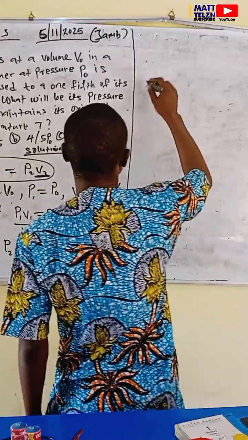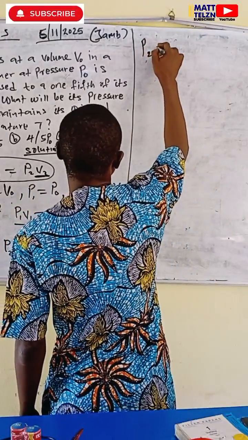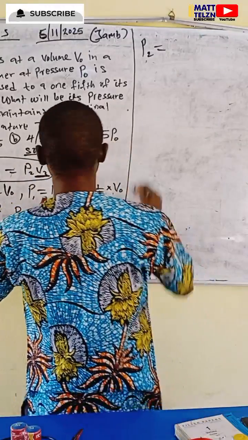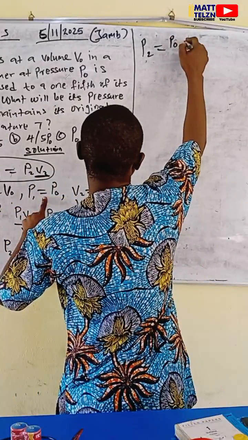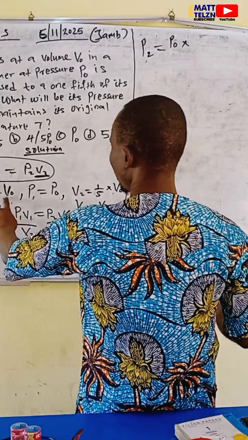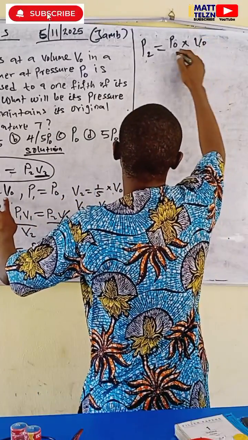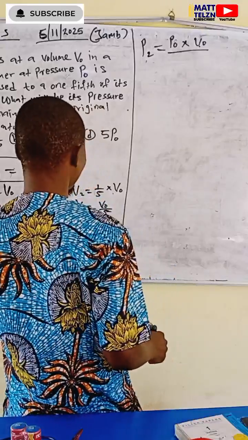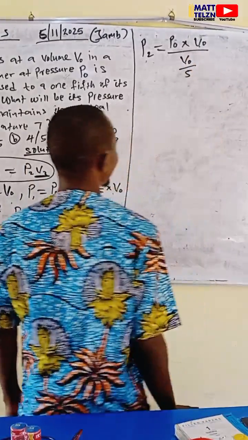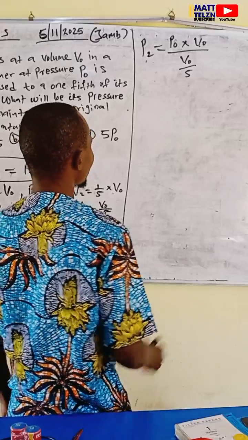Substituting, I'm going to have P2 equal to my P1, which is P naught, times my V1, which is V naught, divided by my V2. Now my V2 is V naught over 5.